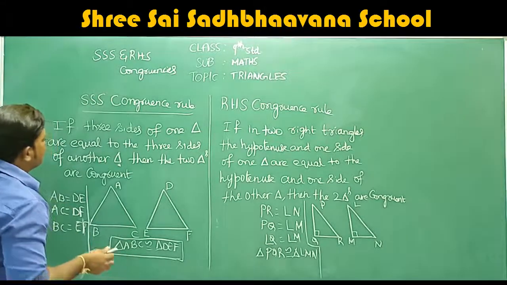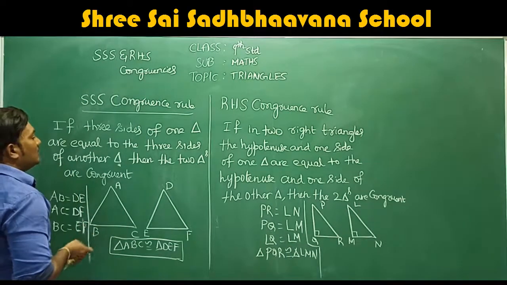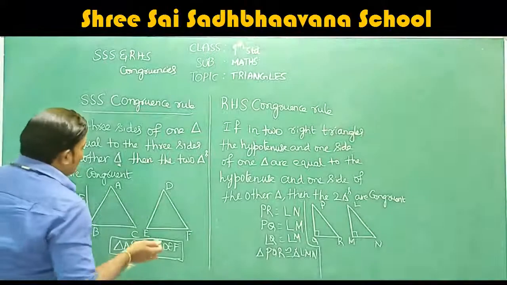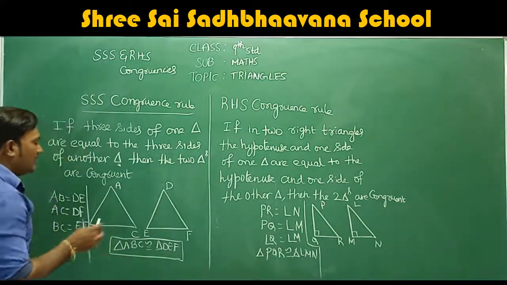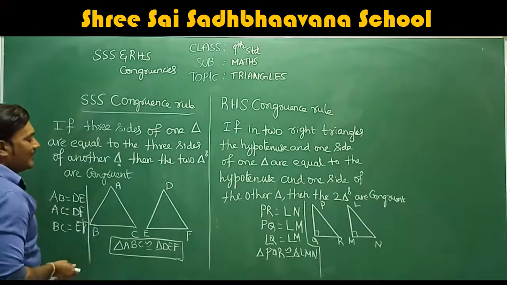So just let me read the statement. If three sides of one triangle are equal to the three sides of another triangle, then the two triangles are congruent to each other. Let me consider two triangles, triangle ABC and triangle DEF.